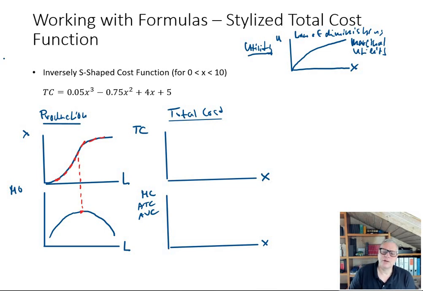Okay, so how does a total cost function look? Well, as it's already said here, it's inversely S-shaped. But there is a component here in this example that is independent of the X. That is actually fixed cost. So there's definitely a fixed cost share.